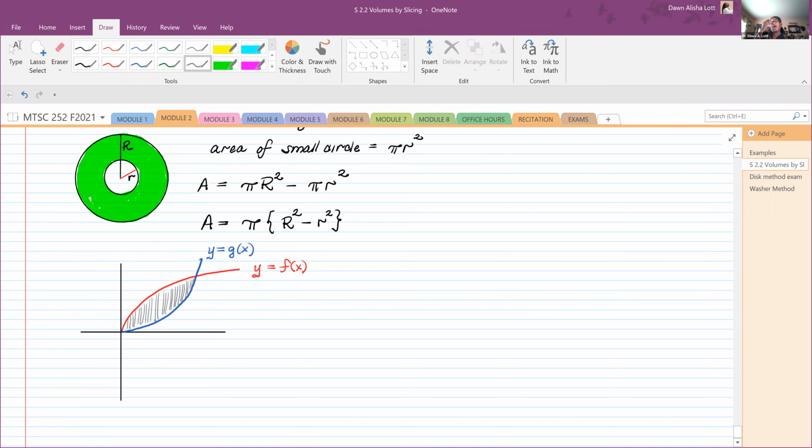So now I'm going to revolve this thing about the x-axis. So when I revolve it about the x-axis, I get something that looks like this. I can choose any point x that I want, and the point on this curve is going to revolve around the x-axis and give me a disk.